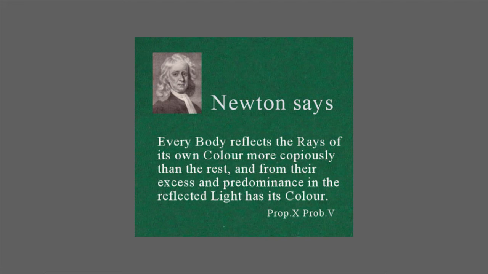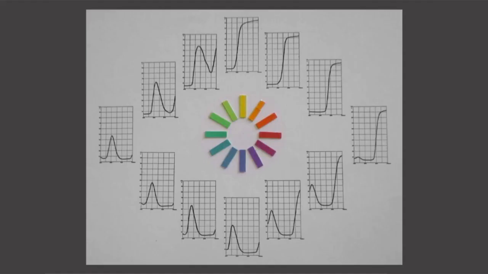Well, this might sound plausible, but as we have seen above, the reflectance of surface colors does not necessarily have a pronounced maximum at a position in the wavelength spectrum corresponding to its U.